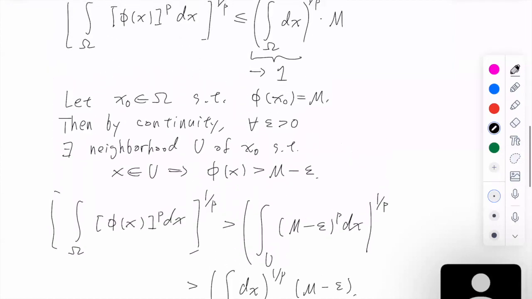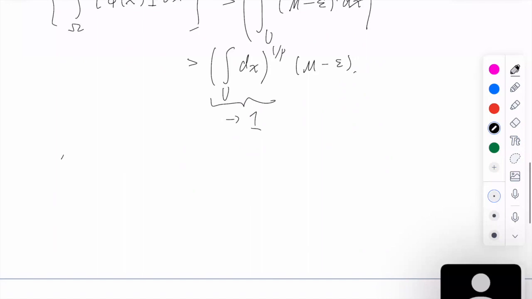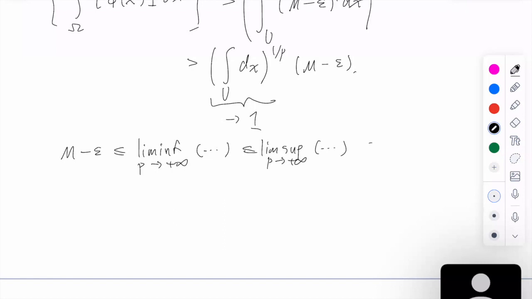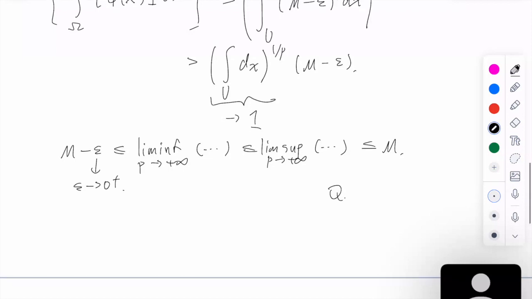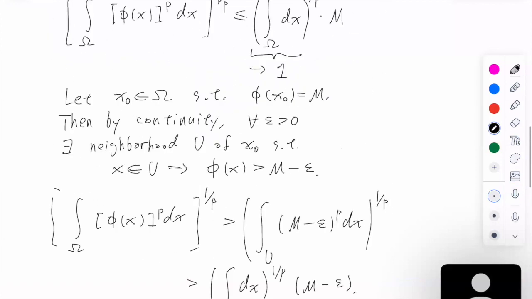So if we combine everything, we see that m minus epsilon is going to be less than the limit infimum of the quantity we are discussing, and it's going to be less than or equal to the limit supremum of the quantity we are discussing, the 1 over p power of that integral, and the whole thing is going to be less than or equal to m. And because this epsilon can be arbitrarily small, we can make this epsilon go to 0. So we conclude that this lemma is proven.